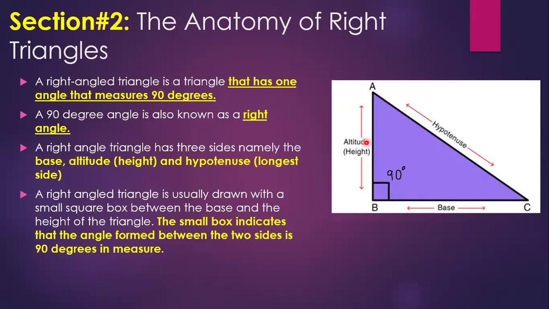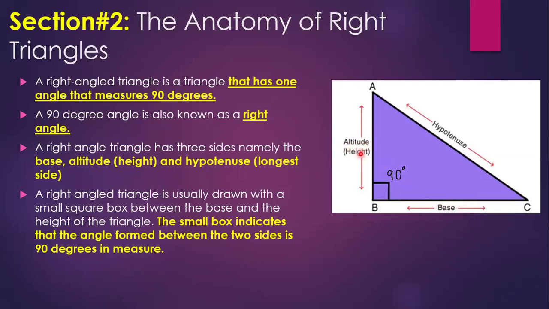What are the names of the 3 sides of the right angle triangle? You have the what? The base, yes. What else?